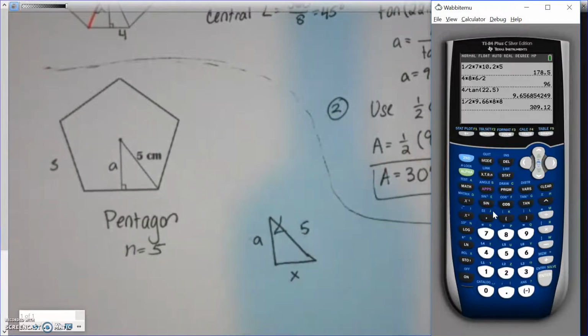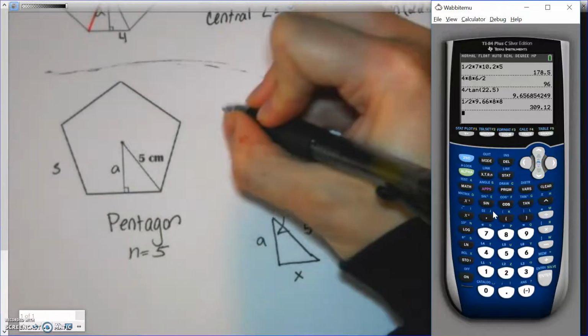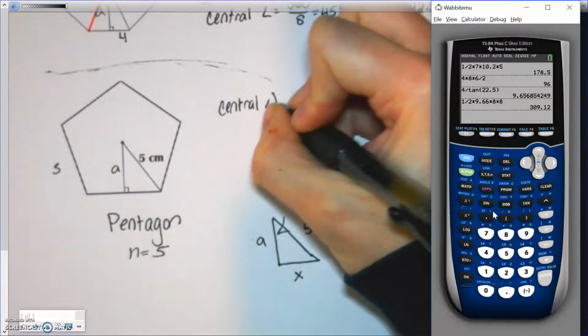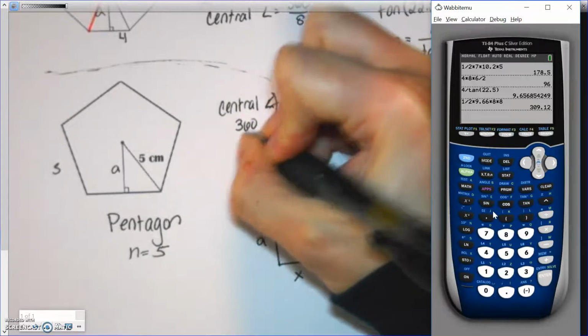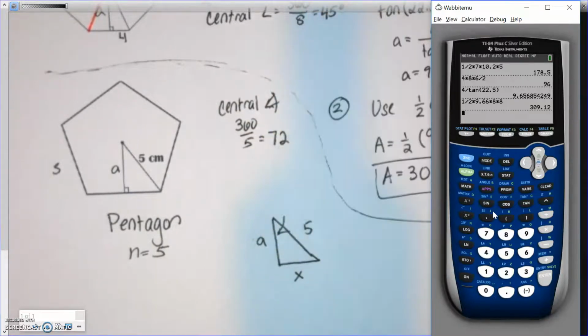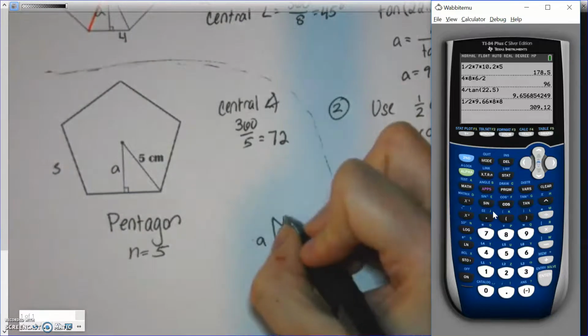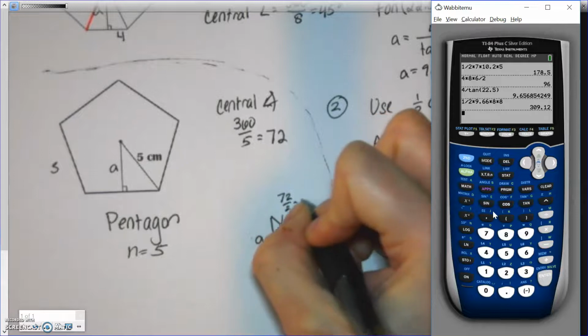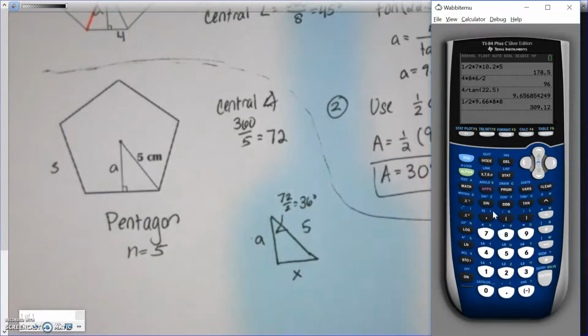Now what's our angle going to be? Well, our central angle is going to be 360 divided by 5, which is 72. So this angle is 72 divided by 2, which is 36 degrees.